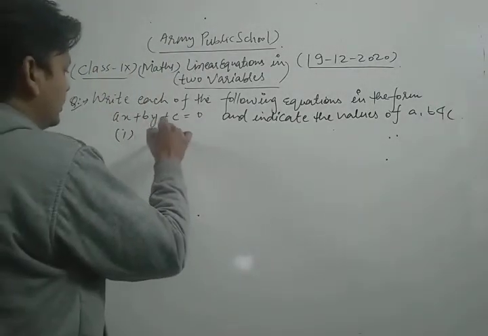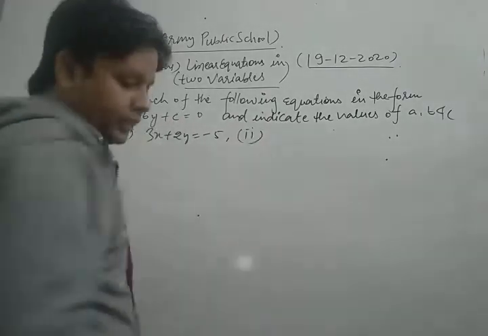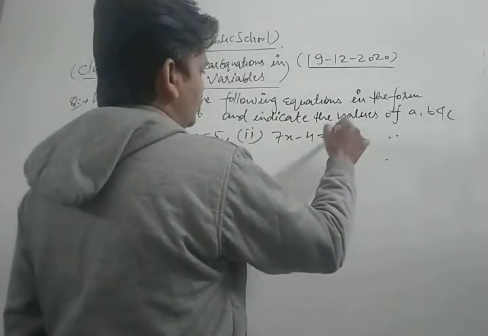3x plus 2y is equal to minus 5. Second one: 7x minus 4 is equal to 3y.